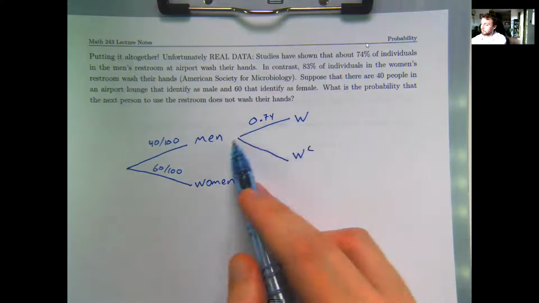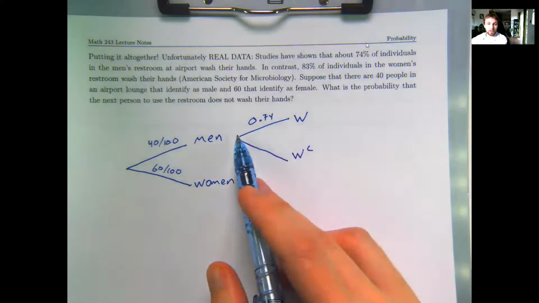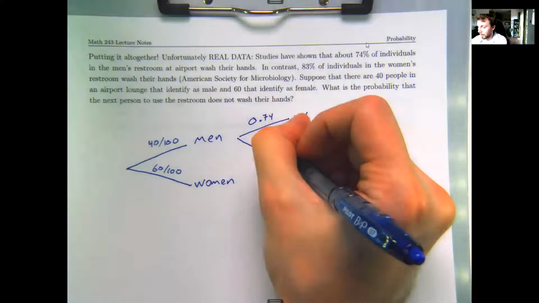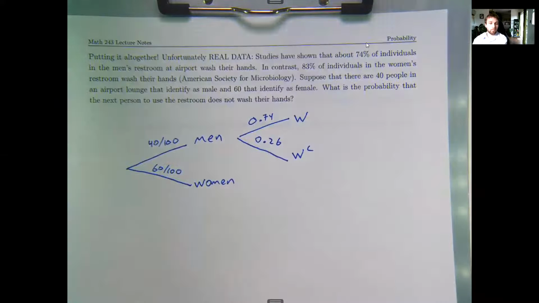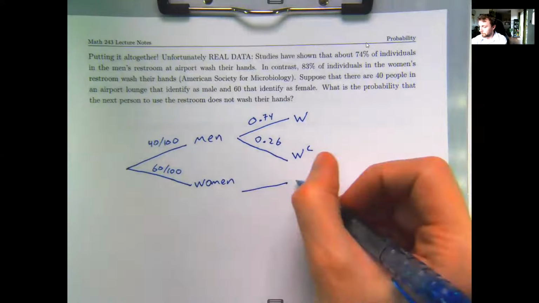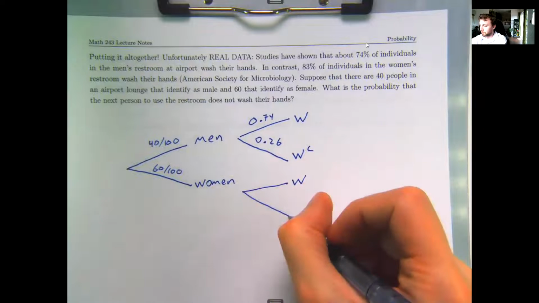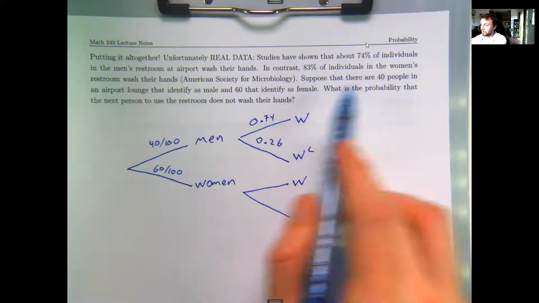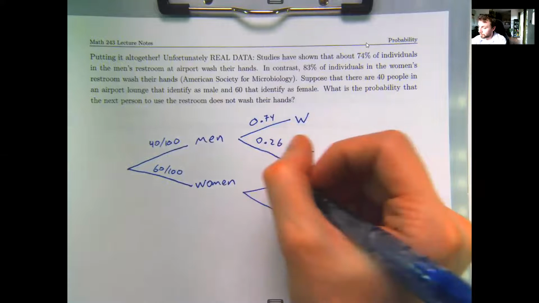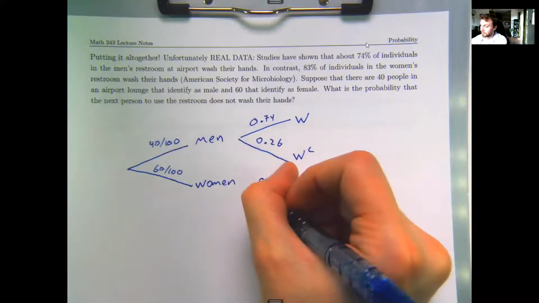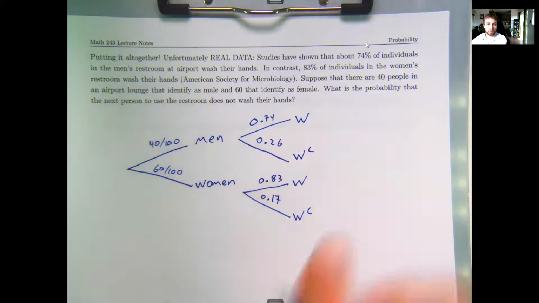While 74% of people in the men's room are washing, that would mean the remaining 26% are not. For the women's group, wash or don't wash. 83% in the women's room wash their hands. So the remaining amount, 17, do not.